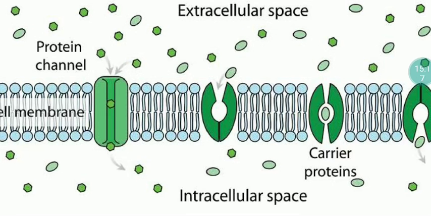If water is passing through a channel, then it is transported through facilitated diffusion. The channel which is carrying water is known as aquaporin. Aqua is water, pore. Aquaporins are those specialized channels which transport water on either side.